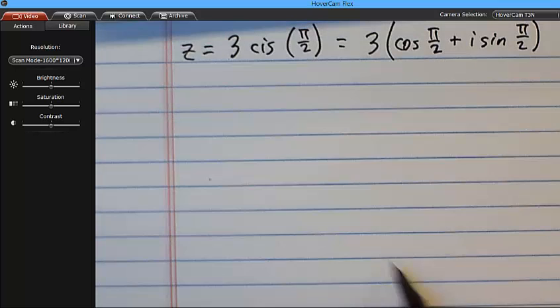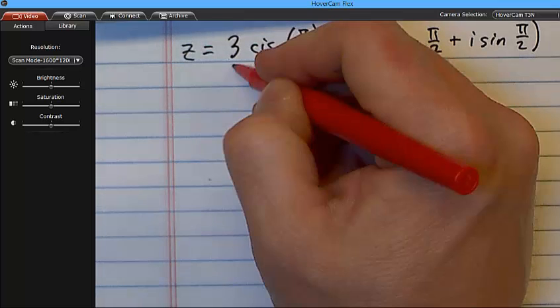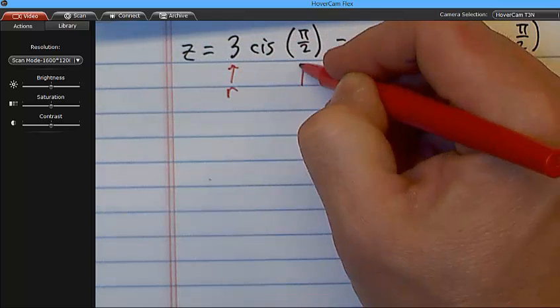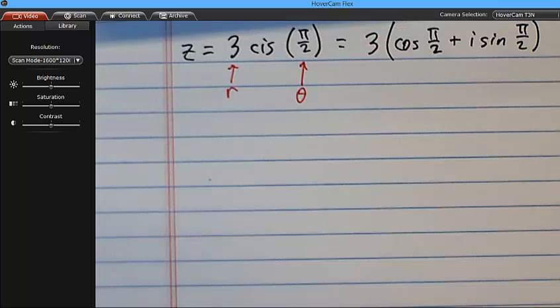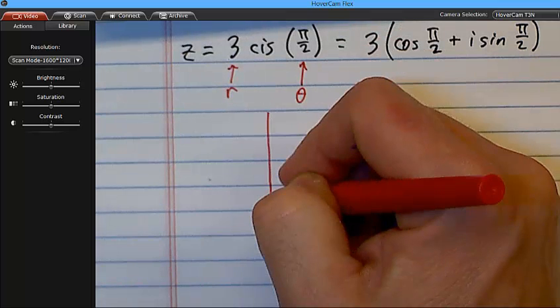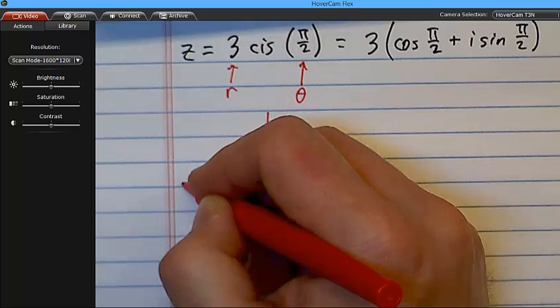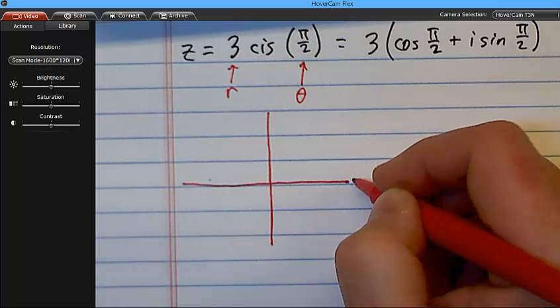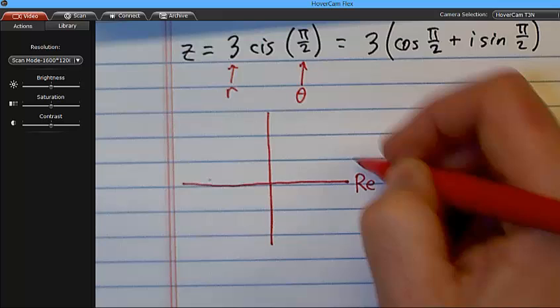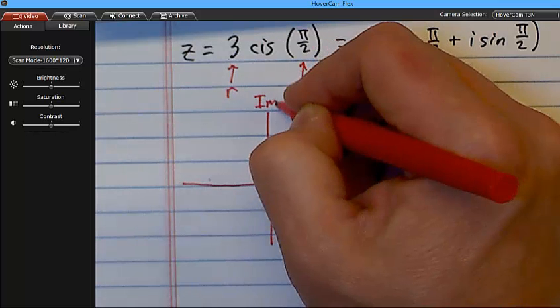But he just writes it with the shorthand, cis. Because all you're really going to do is plot in polar coordinates, right? I think of this as being my r, and I think of this as being my theta. And the only difference between what I've done before with polar coordinates and now is I'm going to call this thing the real axis, and I'm going to call this thing the imaginary axis.